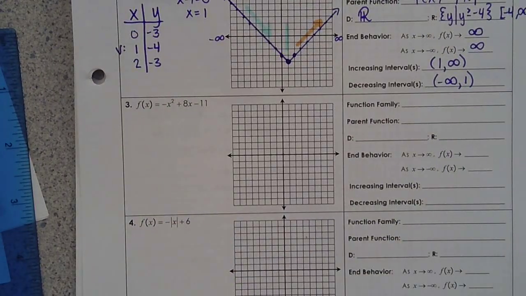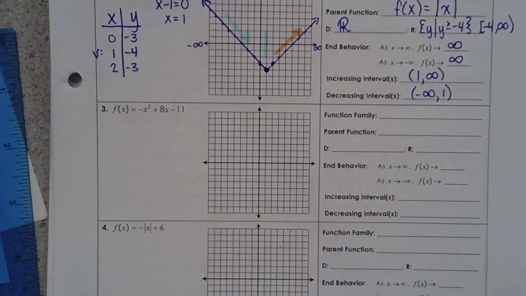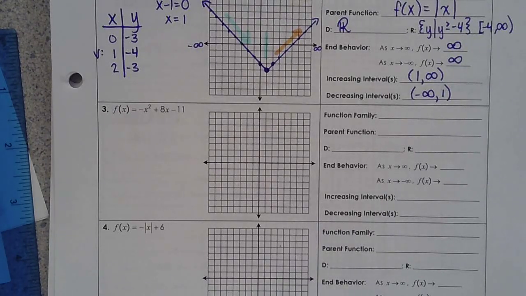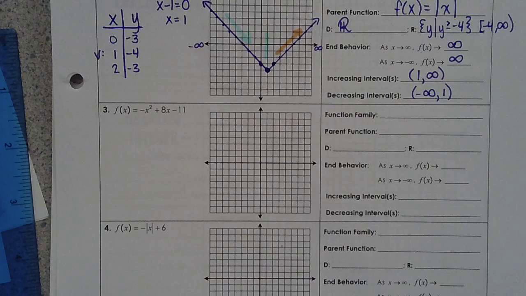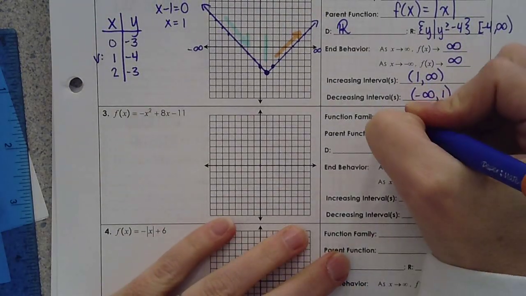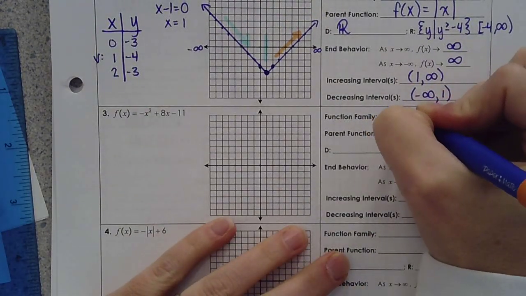All right, equation number 3, function number 3, f of x equals negative x squared plus 8x minus 11. I know by the x squared that this is a quadratic function.